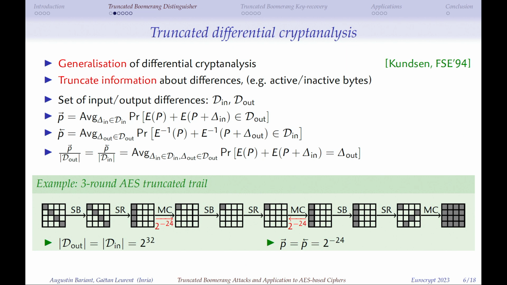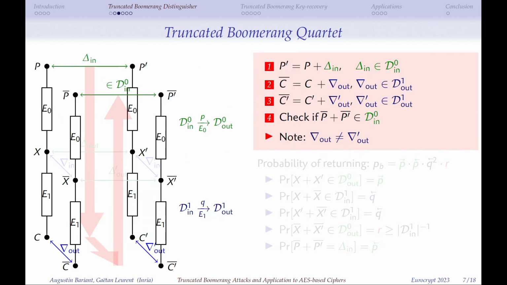You start from a set of 2 to the 32 differences, and you end with a set of 2 to the 32 differences, and you have probability 2 to the minus 24. If you take it backwards, you have something similar, with a probability 2 to the minus 24 to collapse inside a mix column. This will be the basis of our attacks, and it's interesting to see that looking at truncated trails, you get a probability that is better than if you would try to fix all the differences in the middle.